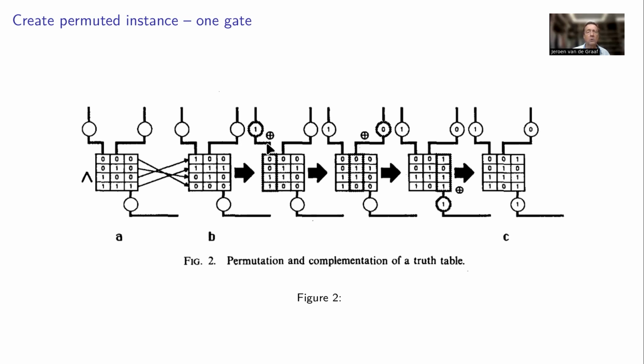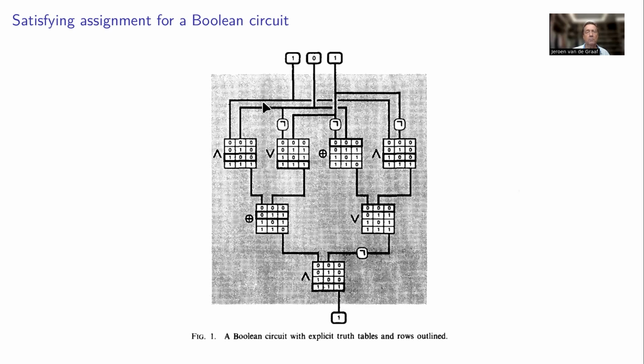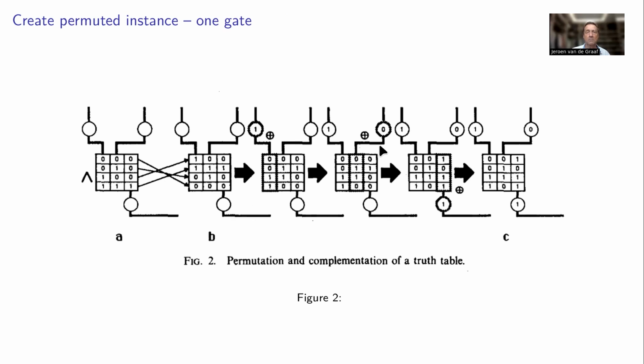We also sometimes flip the values on a wire. When you flip a value on a wire, you need to flip the value in the column. And if you flip it on a wire, you also need to flip it in the original gate, although it's not shown here. So this is what we are going to do.